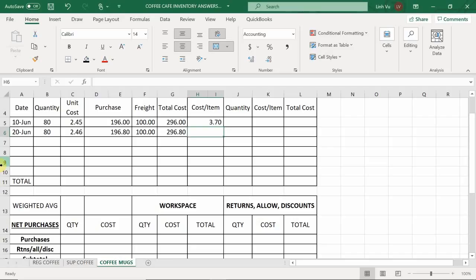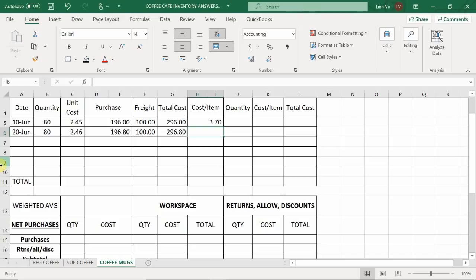Because if you wait till the very last minute to open up that box of inventory just to realize that you have a whole bunch of mugs that are broken, it might be harder to redeem that money back just because you waited so long. It's already been a week and a half, almost 2 weeks, and you're now opening your first box. In this case, we probably already sold almost all of them.